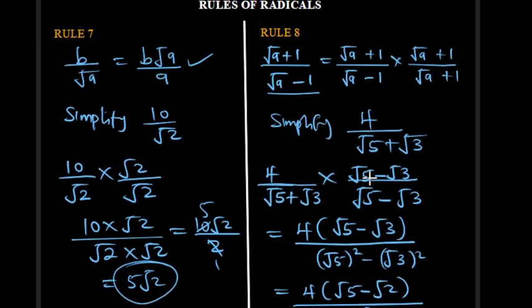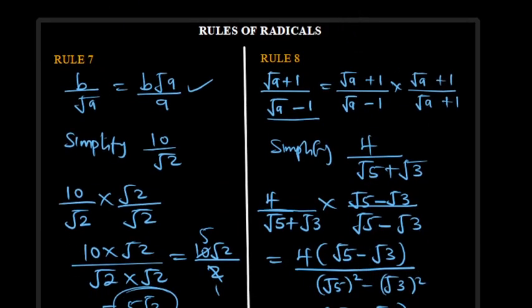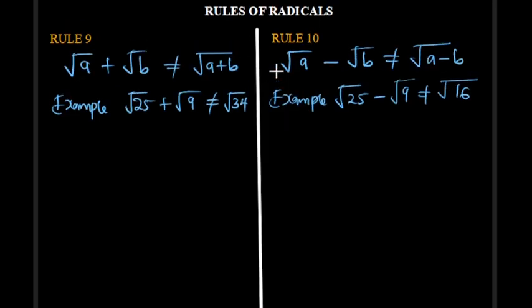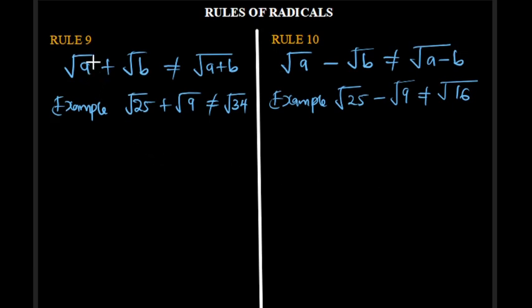Then for root 9 and root 10, please always note that root of a plus root of b is not equal to root of a plus b. Now let's prove this. 25 plus 9 is equal to 34. So you cannot combine this as we did for multiplication.